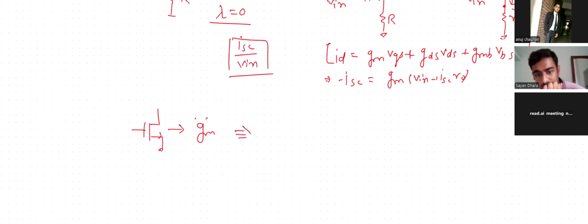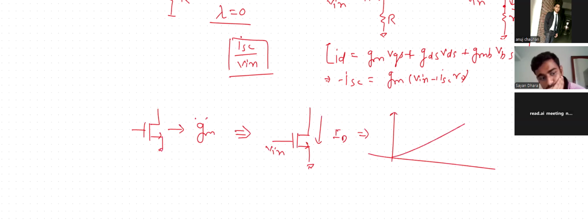Let there be an input voltage you are giving to this transistor, and with this input voltage you plot ID. If you differentiate it, dID by dV in is your transconductance definition.